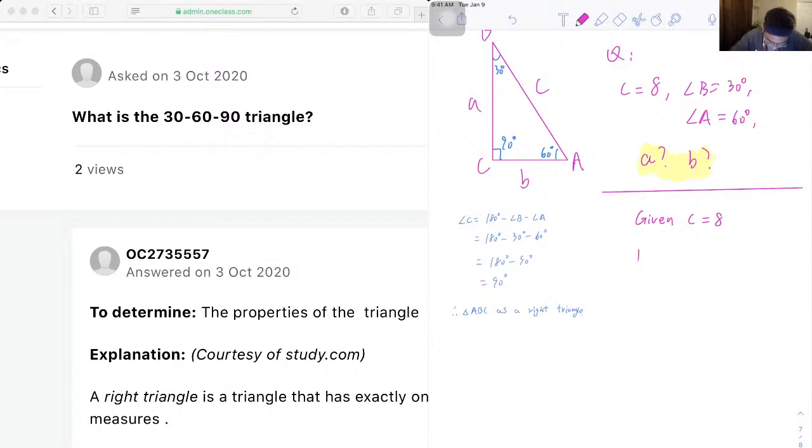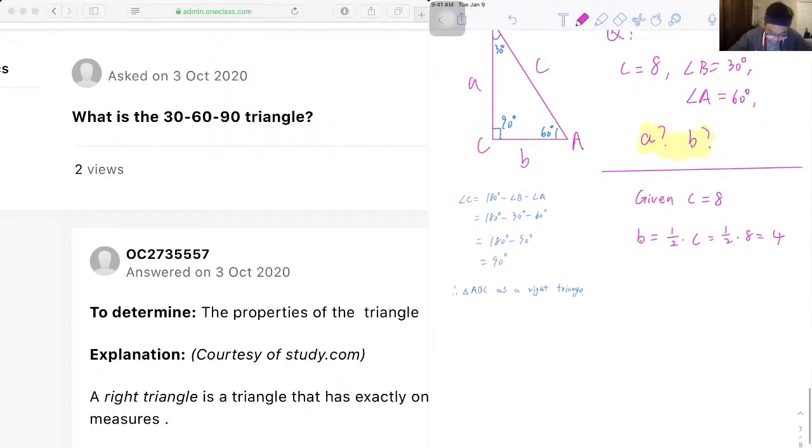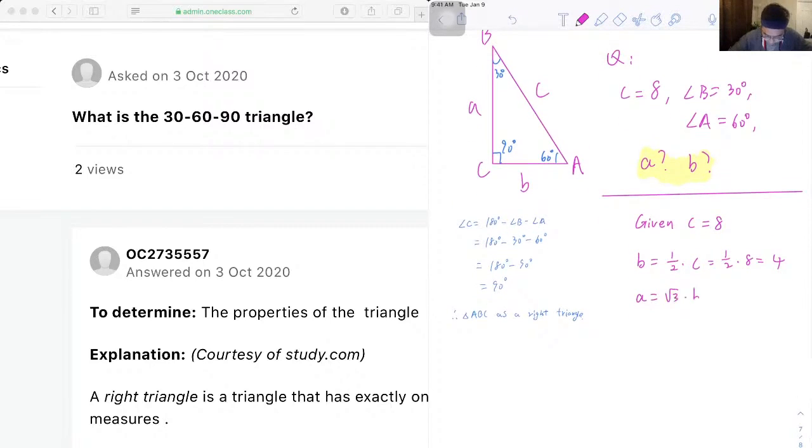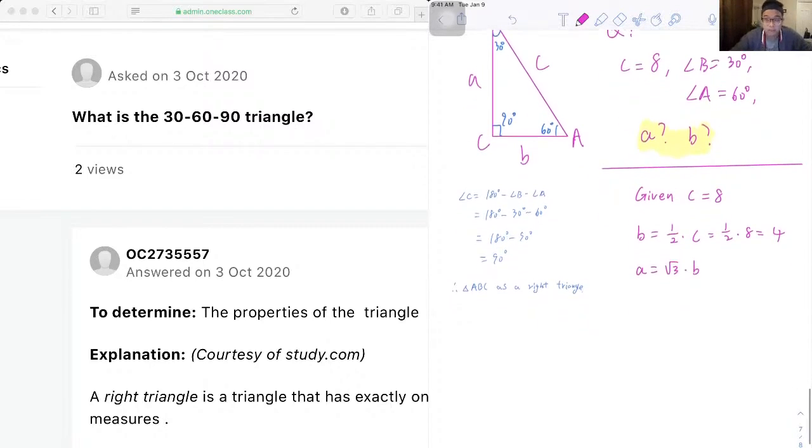So B is equal to 1/2 times C, because C is twice as long as B. So we have 1/2 times 8, which is 4. And for A, we know that A is equal to √3 times B, and we just figured out B is equal to 4. So we just need to calculate √3 times 4, which is 4√3.